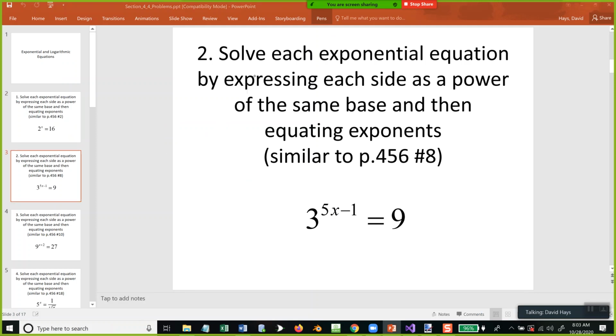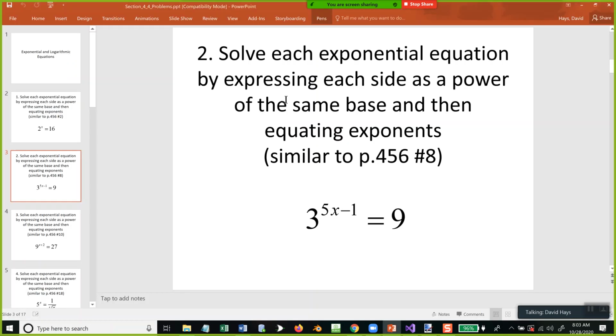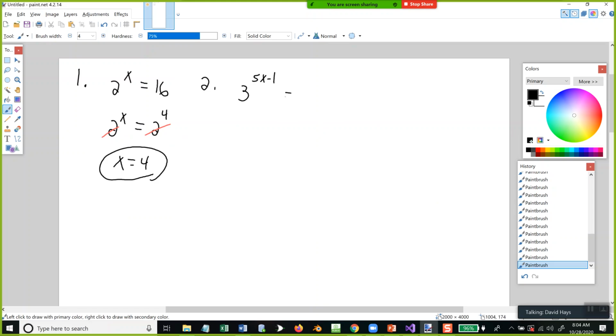Number 2, we've got 3 to the 5x minus 1 equals 9. You always start with the larger number first and see if you can rewrite it as the other number to a power. 9 is 3 squared.